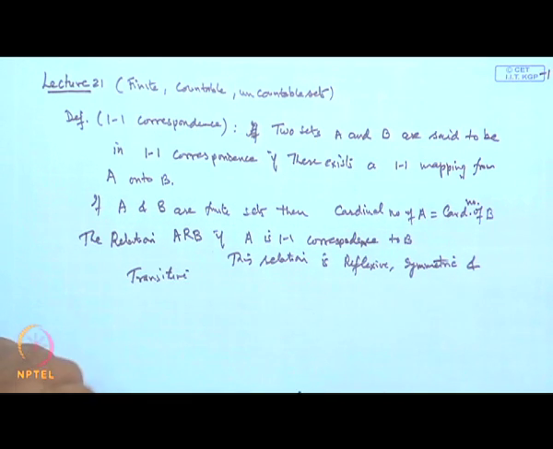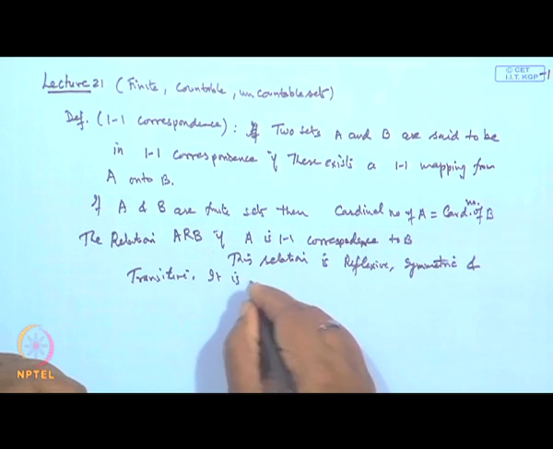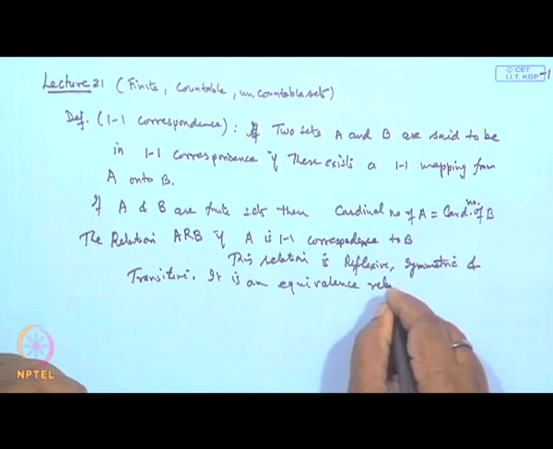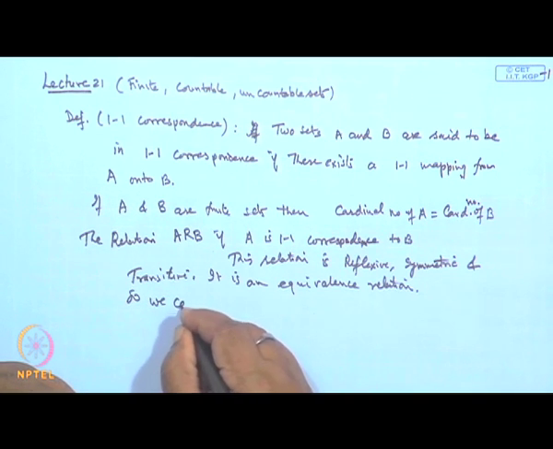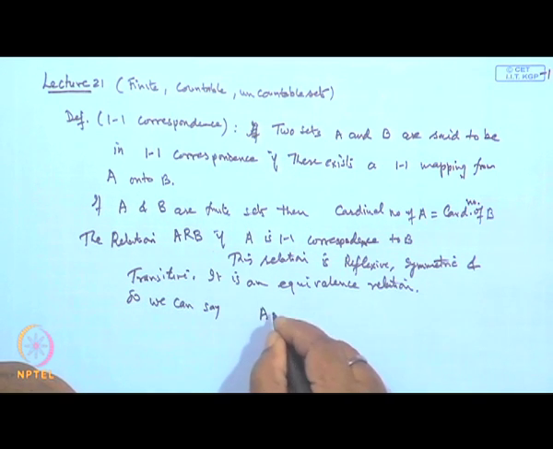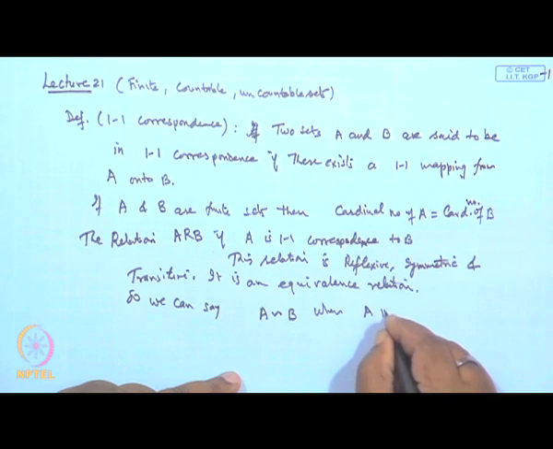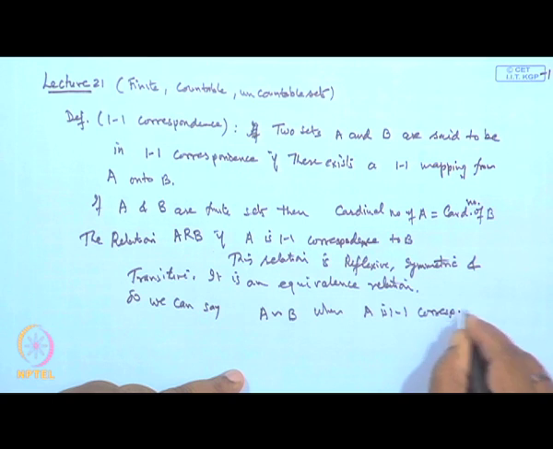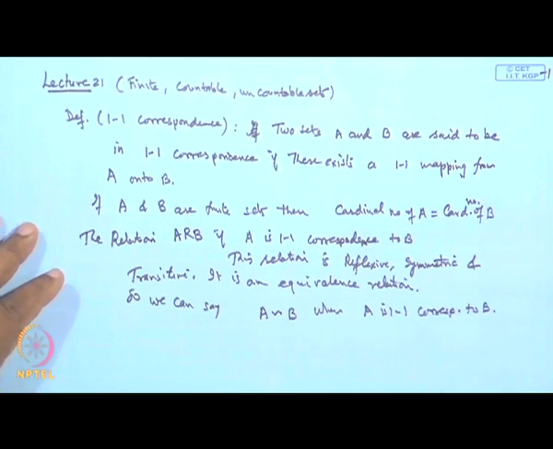So, it is an equivalence relation. So, we can say that A is equivalent to B when A is in one-to-one correspondence to B. So, that is the way we define.